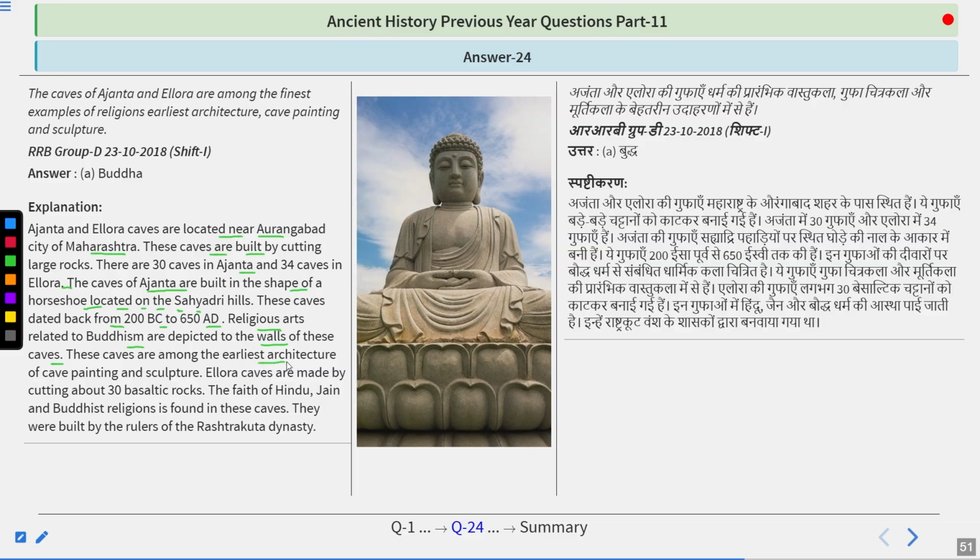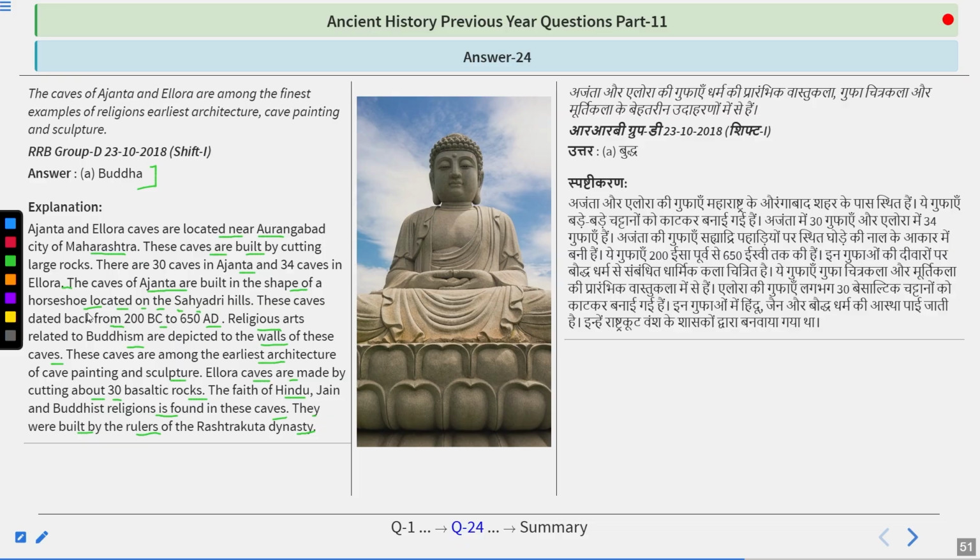Ellora caves are made by cutting about 30 basaltic rocks. The faith of Hindu, Jain and Buddhist religion is found in these caves. They were built by the rulers of the Rashtrakuta dynasty. So do remember that Buddha is the religion that is related to Ajanta and Ellora.